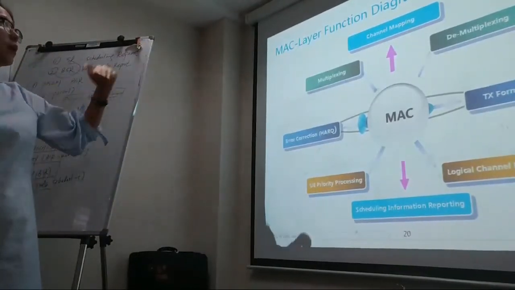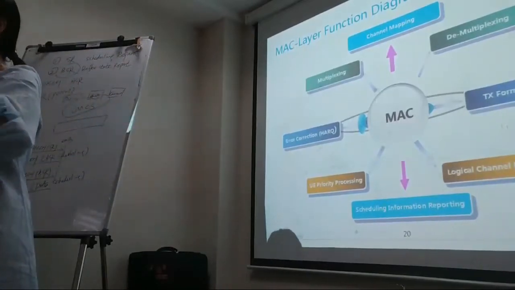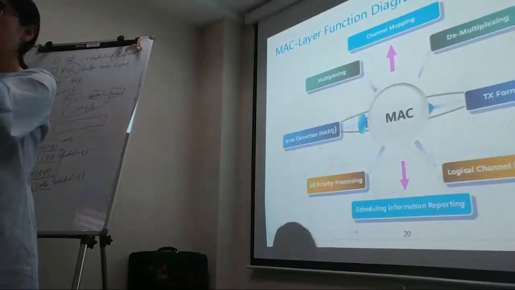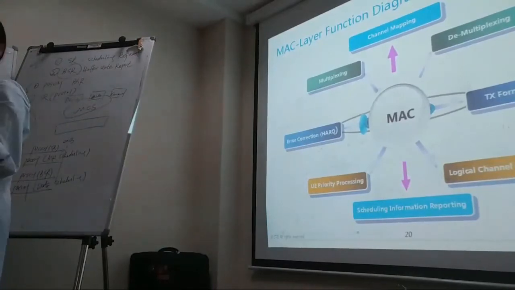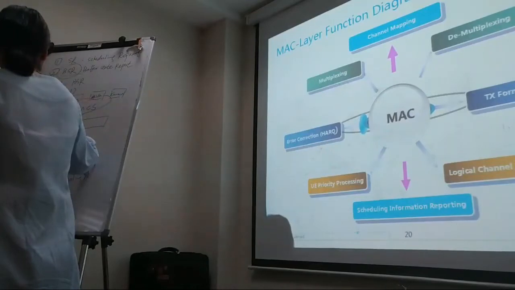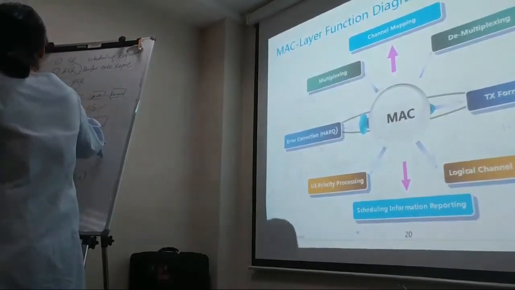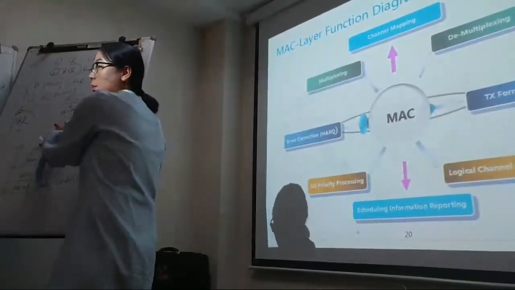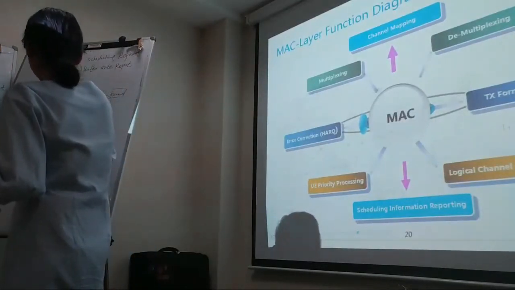And for multiplexing, for different messages in the MAC layer, I will multiplex them. Different SDUs I will multiplex into one PDU. For the MAC layer, this is one RRC PDU. I will not process it, I just locate it in the MAC layer.